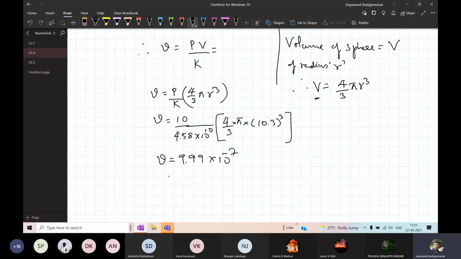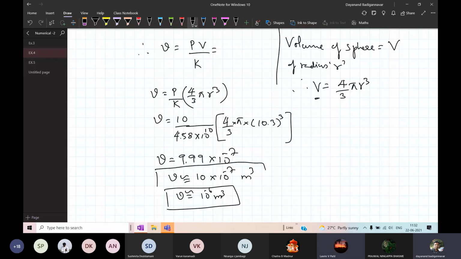So v is almost equal to 10 into 10 to the power of minus 7 meter cube, or I can write it as 10 into 10 to the power of minus 6, because one is reduced from this 10. So this is the volume you get. Clear? Let us go for the next problem.